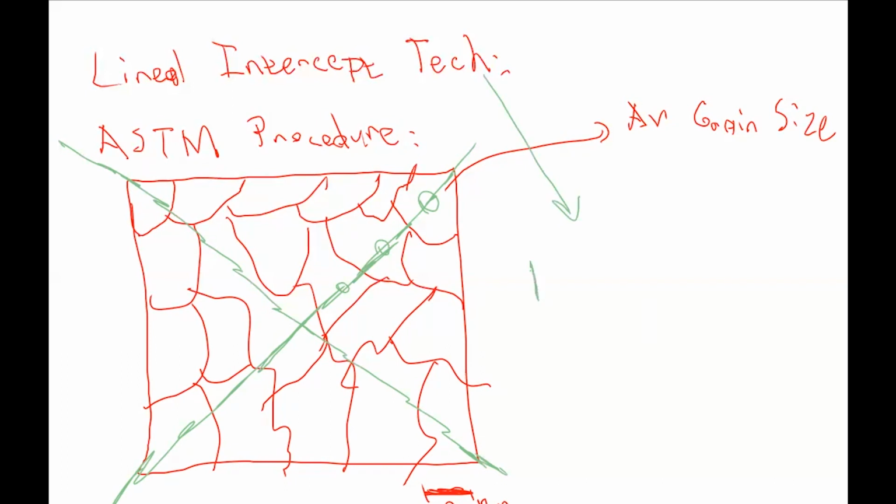The mean linear intercept can be calculated through L, which is the length of the line, this length. NL is the number of grain boundary intercepts.